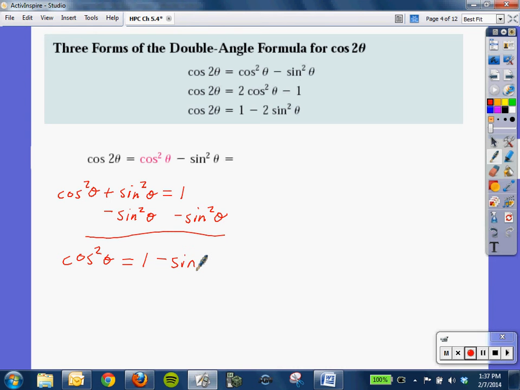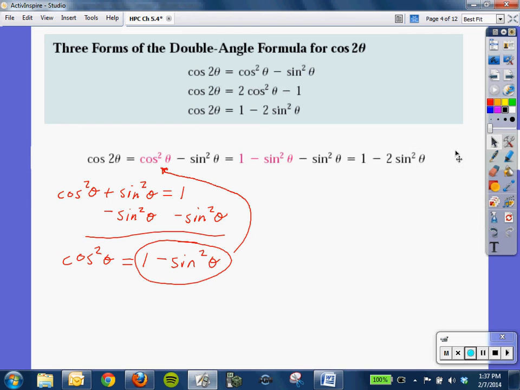So I could make a substitution into the cosine squared there. And if I make that substitution, I have 1 minus sine squared minus sine squared. So we have like terms here. Minus sine squared minus sine squared is a minus 2 sine squared. So that's how we came up with the third double angle formula for cosine.